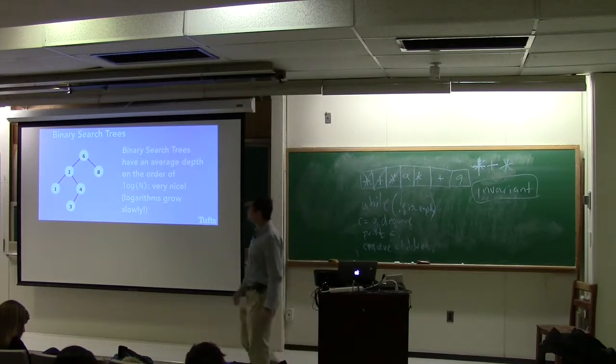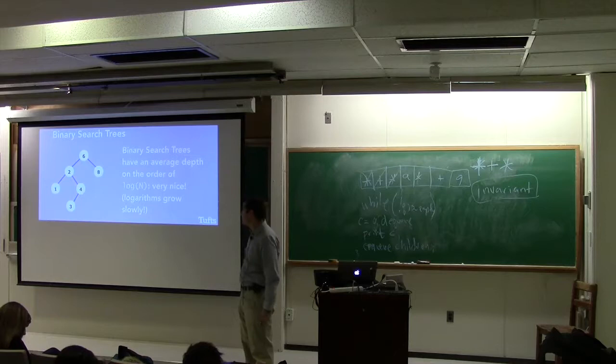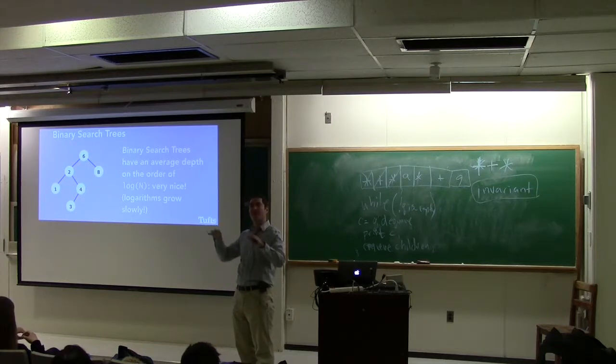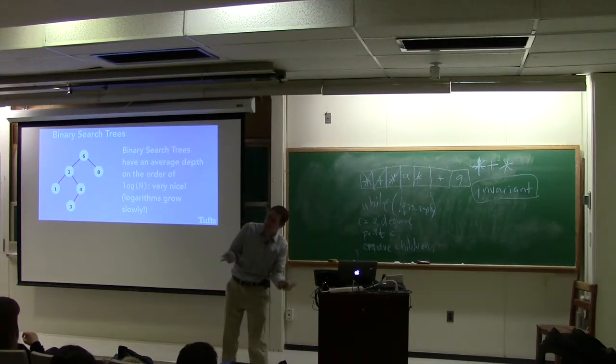So for binary search trees, the depth, the height, whichever you want to call it, is generally logarithmic if we have a nice-looking binary tree, one that is more or less balanced. In other words, the stuff on the right is about the same amount as the stuff on the left.